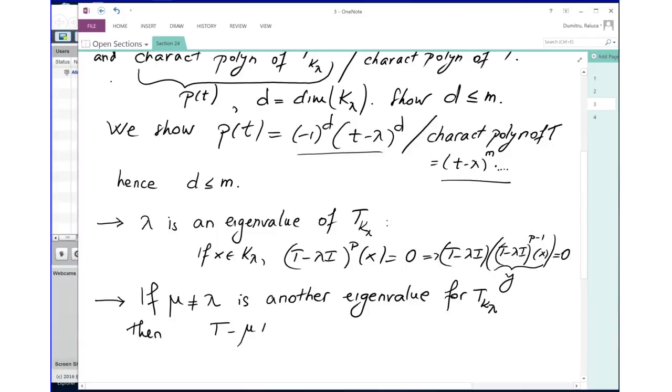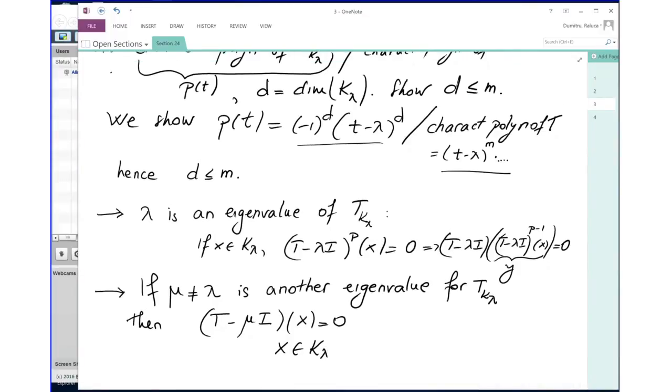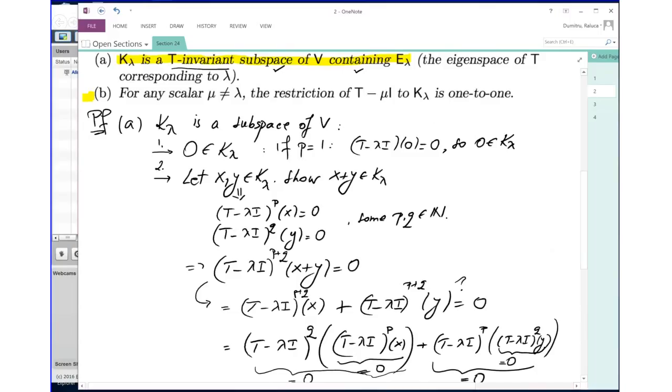And t minus mu identity of some vector x is 0, x being in K lambda, because that's what being an eigenvalue means, right? So t of x is equal to mu x if mu is an eigenvalue. Okay. But let me go back a bit.